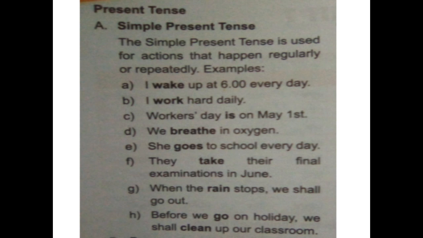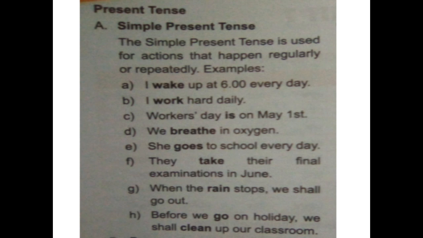So from Monday to Friday, you go to school. So these are actions you do repeatedly. I pray every day. An action that is repeatedly done is a simple present tense. We breathe in oxygen. You can see that. So it is an action that occurs regularly.